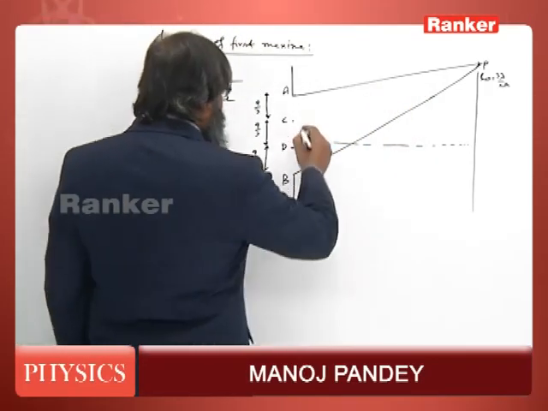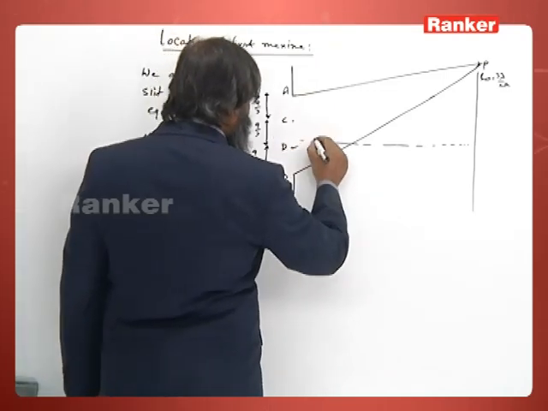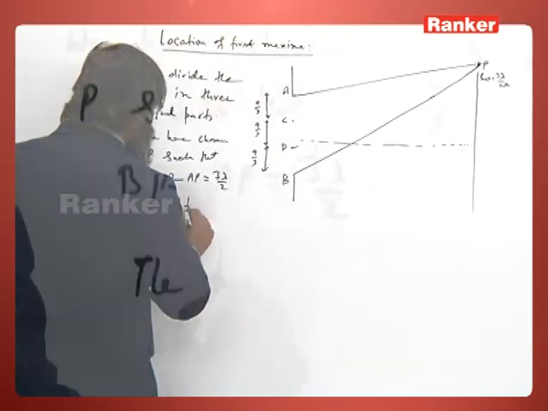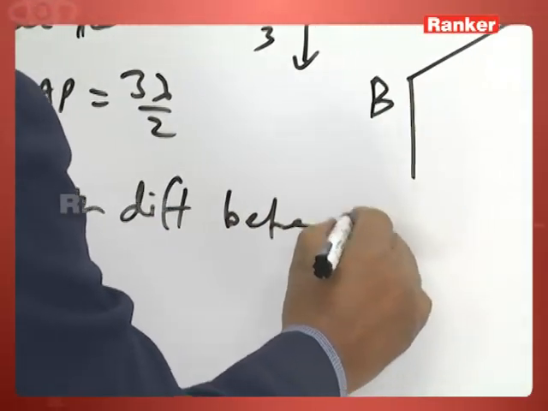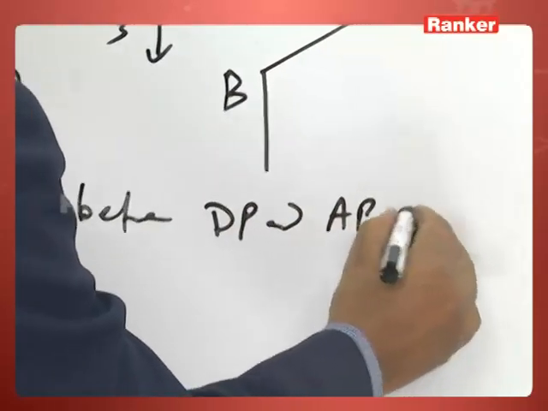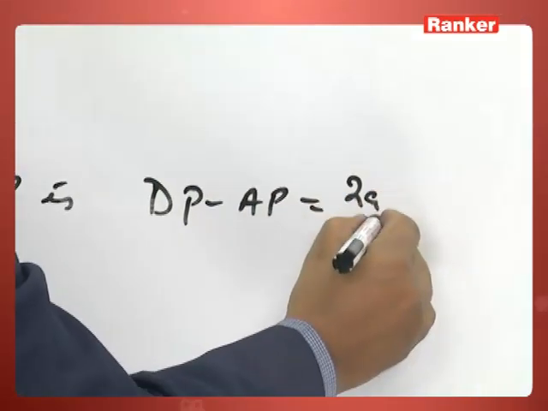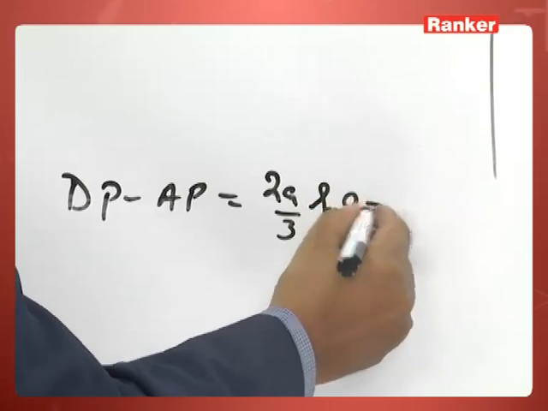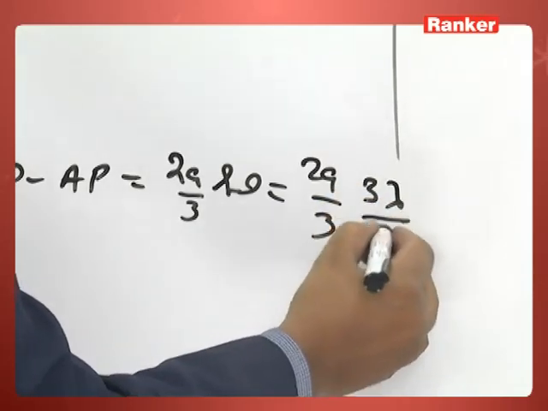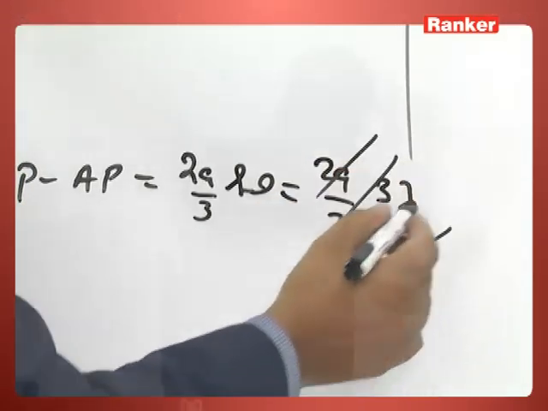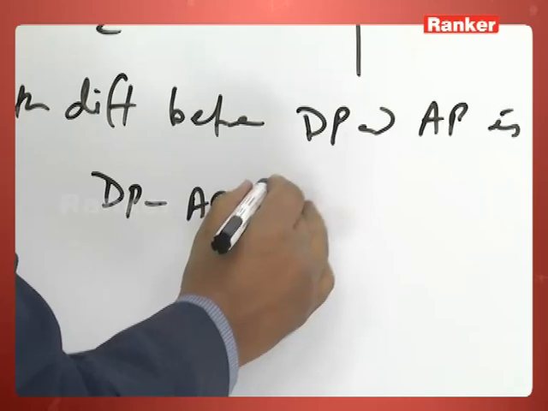So if I take A and D, the path difference between DP and AP, DP minus AP, is actually 2a by 3 sin theta. Already that is 2a by 3 into 3 lambda by 2a. 2a cancels. So this is lambda. So we got DP minus AP is equal to lambda.